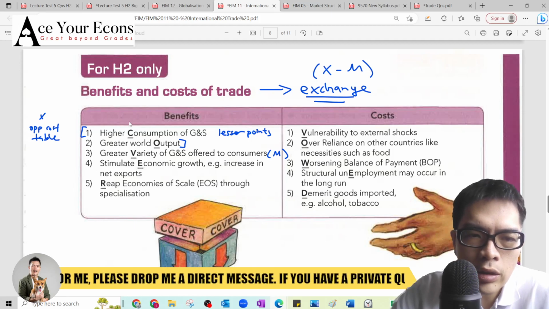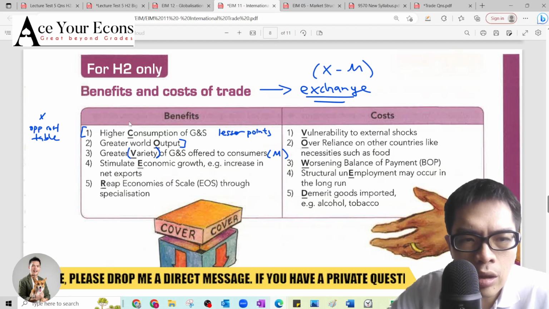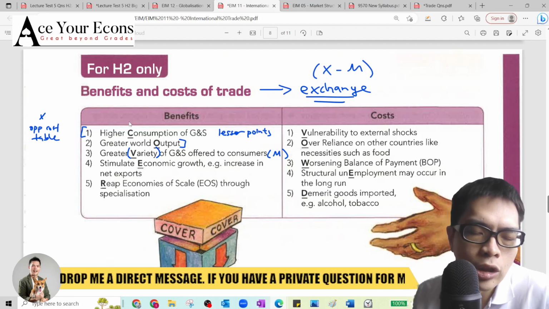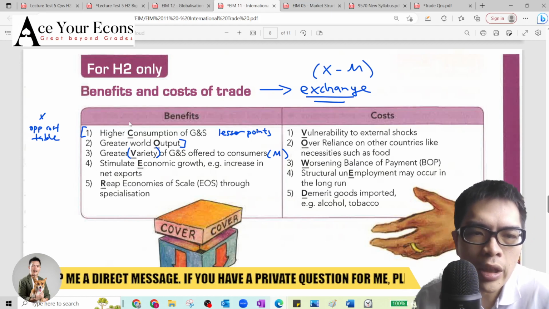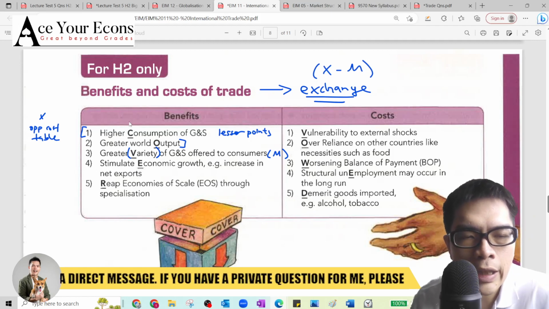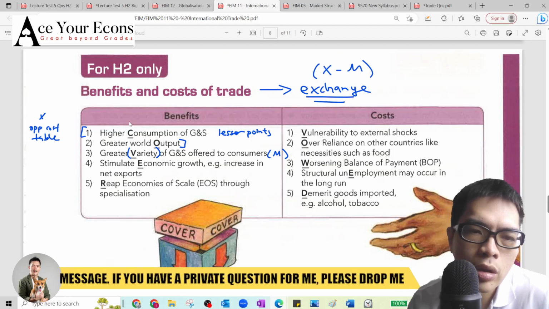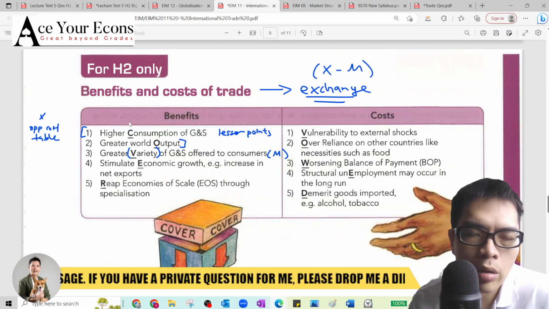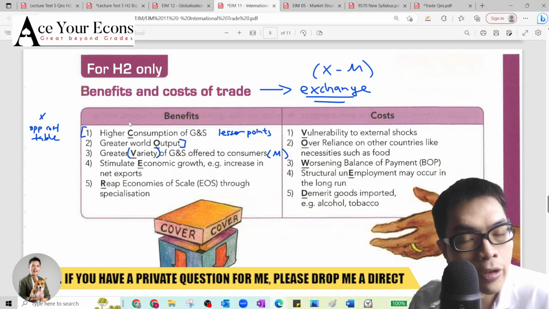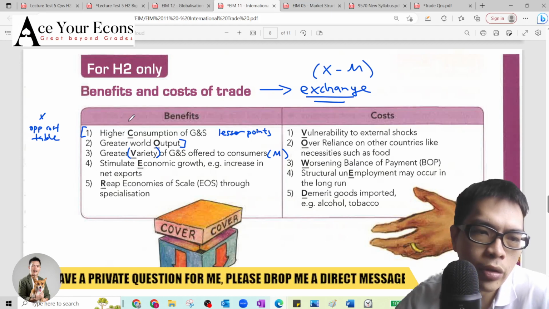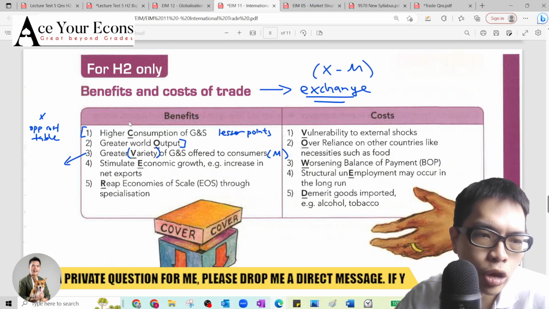So the next thing is to explain the concept of V, variety. Last week I mentioned how we distinguish between variety and output. Having more output, consuming more goods, does not necessitate variety. Variety is choices. So you want to bring up or relate to choices.